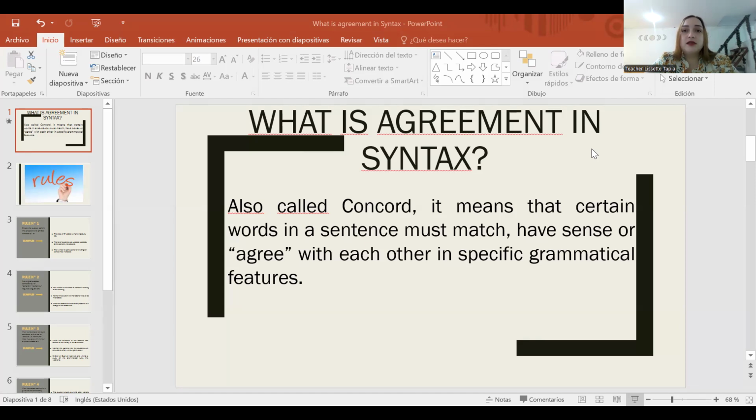It means that a phrase, the matching of words, must make sense in the sentence. This means it must agree with the specific grammar we are using. For this, we are going to have 6 main rules. Let me please share my screen correctly.